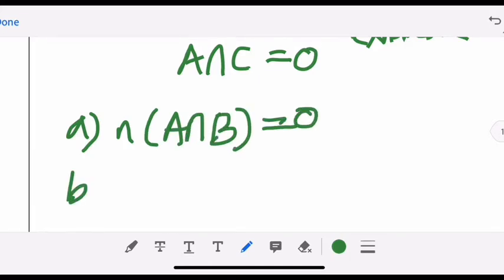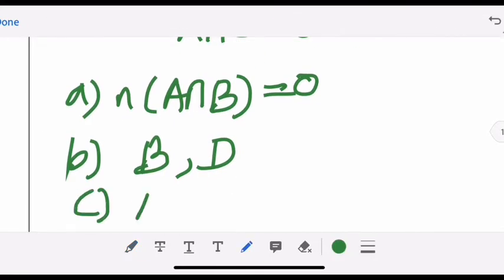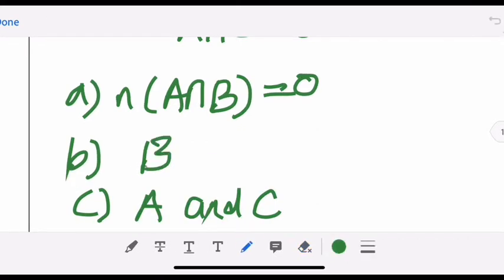For B, it is B and D, and for C, it is A and C, right?